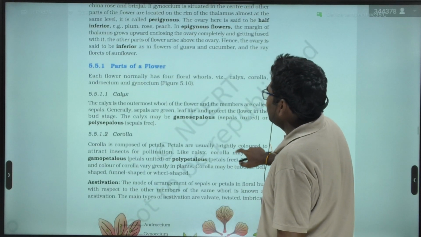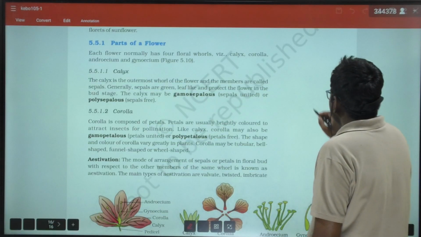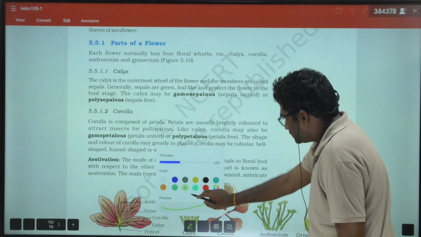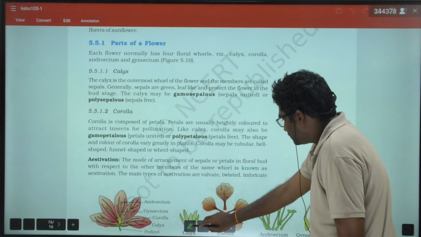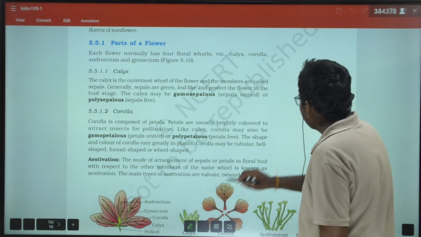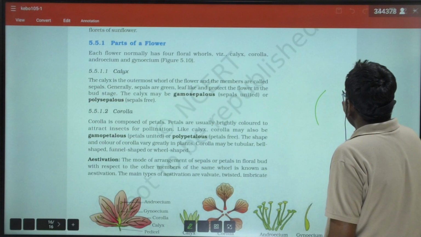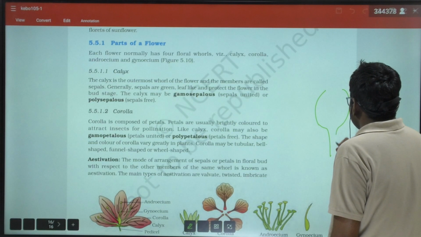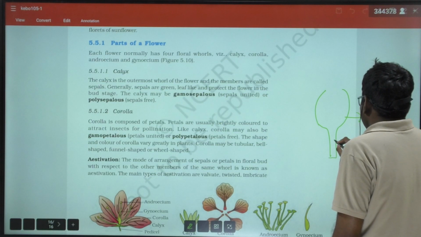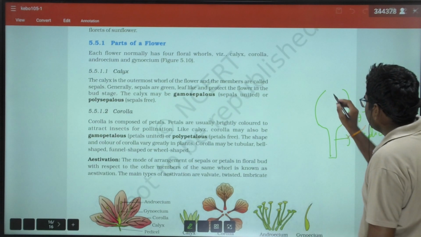Right, parts of the flower. So here the first part is the calyx. This is the thalamus, and the pedicel, also known as the stalk.